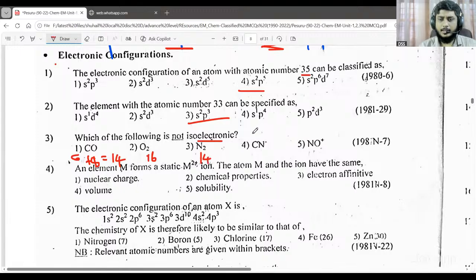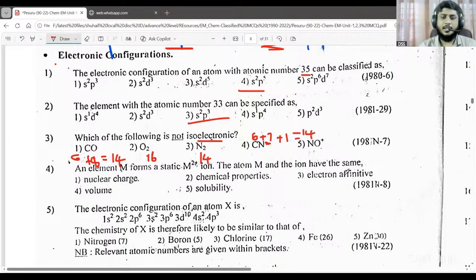Carbon here 6, nitrogen 7 electrons. There is a minus sign. What do you mean by minus? The minus charge means they have taken an electron, therefore you have to add that. So this is equal to 14.